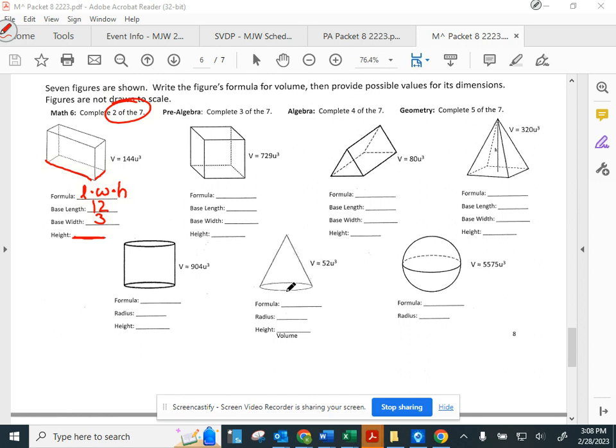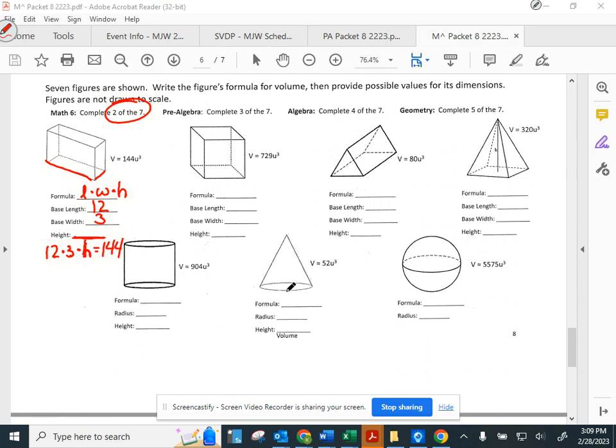So 12 times 3 times h equals 144. So that's when we take what we know about our opposite operations. If we want to get the h by itself, the height by itself, and we're multiplying, we're going to want to do the opposite and divide. So if you divide that 144 by 3 and then divide that by the 12, you will be left with just the height.